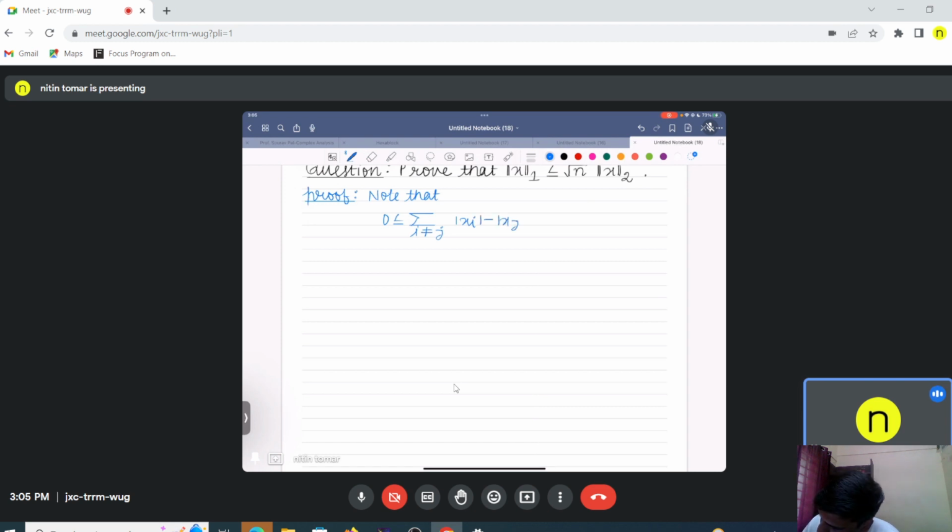For i not equal to j, we take this difference, and if you open it, it will be mod xi square plus mod xj square minus 2 mod xi mod xj.